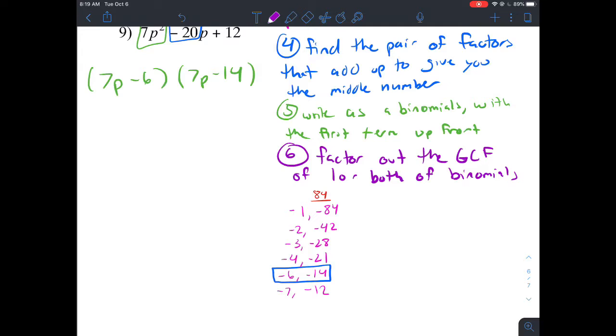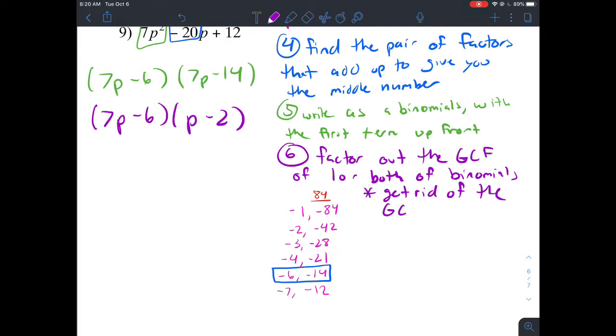I don't have a greatest common factor of 6 and 7, but I can pull a 7 out of 7p and negative 14. So I'm going to get 7p minus 6 and p minus 2. All right, so basically when you factor that out, you just kind of get rid of the GCF. You don't write that one.